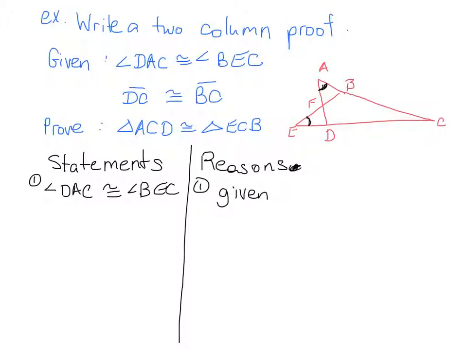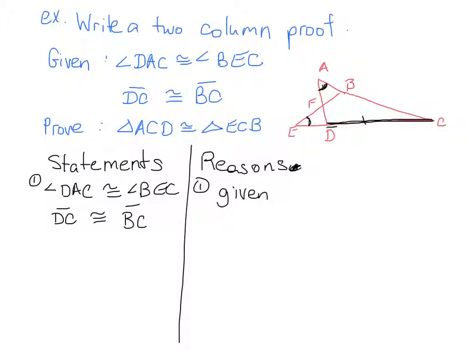There's something else that's given, so let's get that down. We know that side DC is congruent to side BC. So let's get that in our diagram as well. Side DC. Just because there's a little bit of ambiguity here as to what the side is, if I put the hash mark in, I'm just going to trace it over for your convenience.